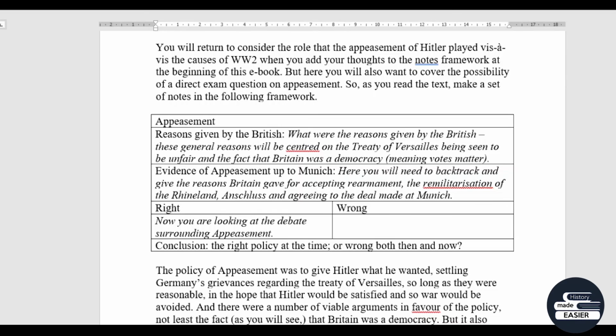War is just not a vote winner. So they are my overarching reasons for appeasement.